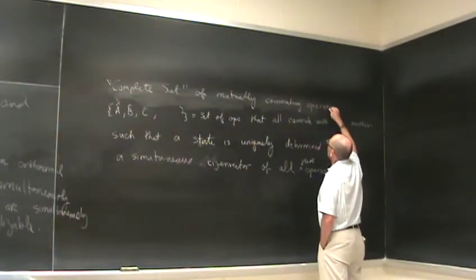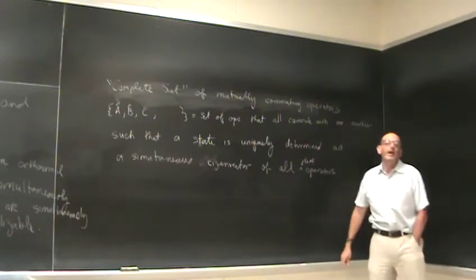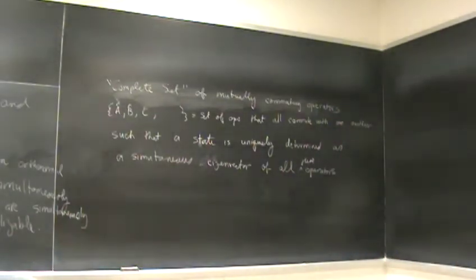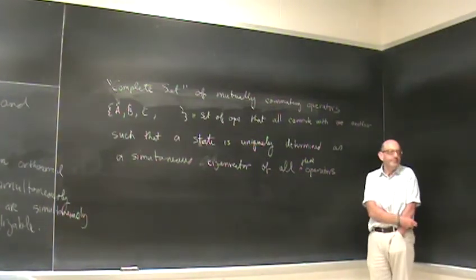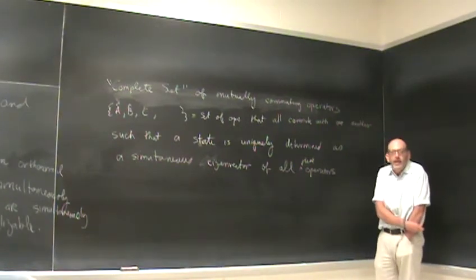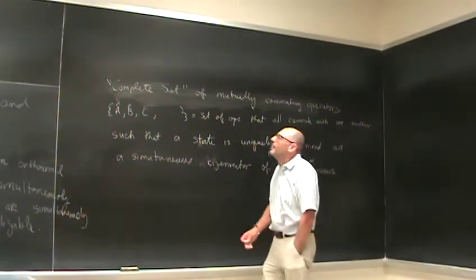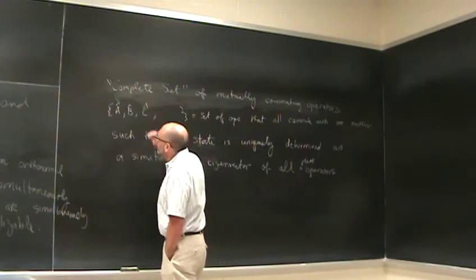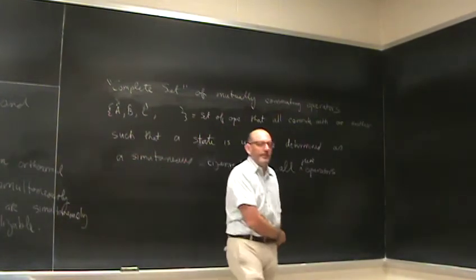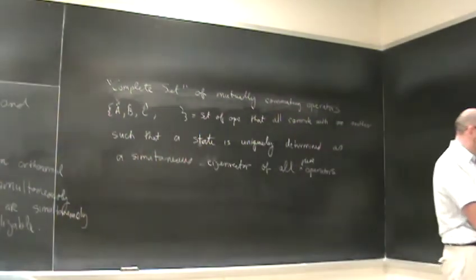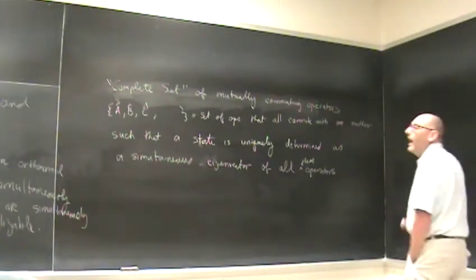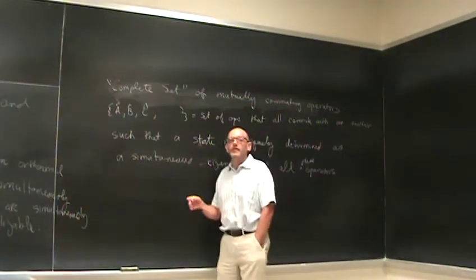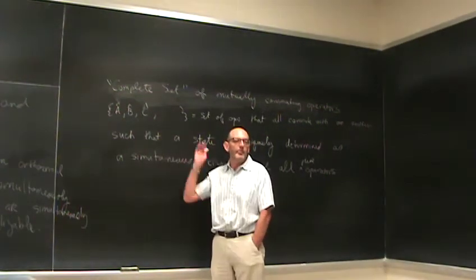Let's suppose I have a set of operators that all commute with one another. They're mutually commuting. They're said to be complete if the state of the space, of the Hilbert space, can be specified uniquely as the common eigenvectors of this set of operators.